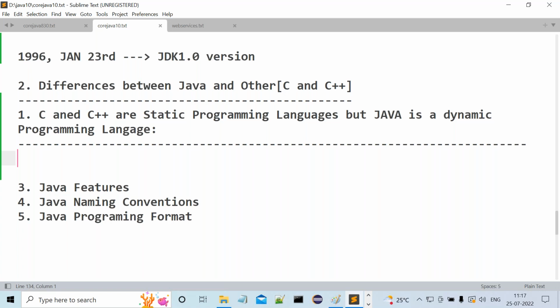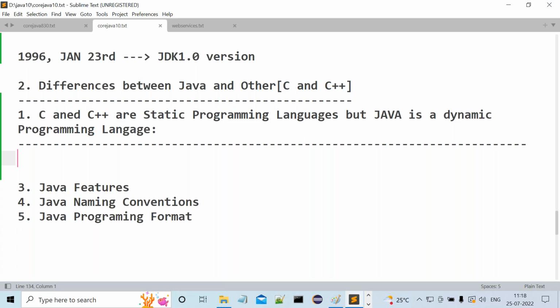I know it is somewhat difficult at this moment, but I'll give you clarity. What is the definition I've given? If any programming language allows memory allocation for the primitive data at compilation time, that programming language is called a static programming language.